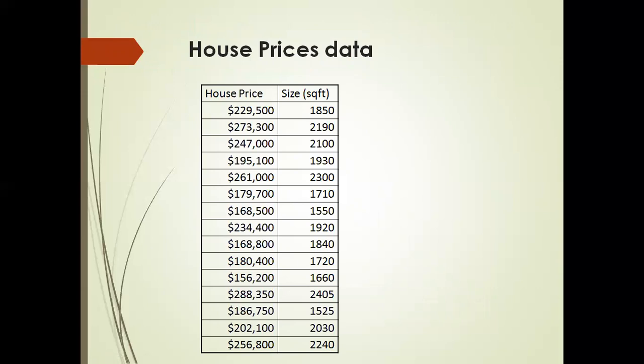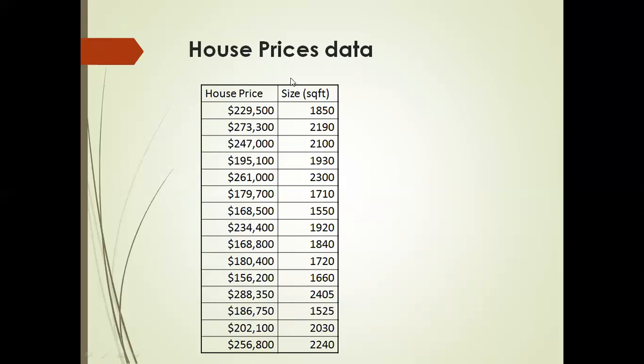Here a simple example of a regression equation would be to predict a house price from the size of the house. Just check it out. It's very simple. Here we have the house price, with respect to what? Size of the house. If the size of the house is more, then obviously the price will be more.